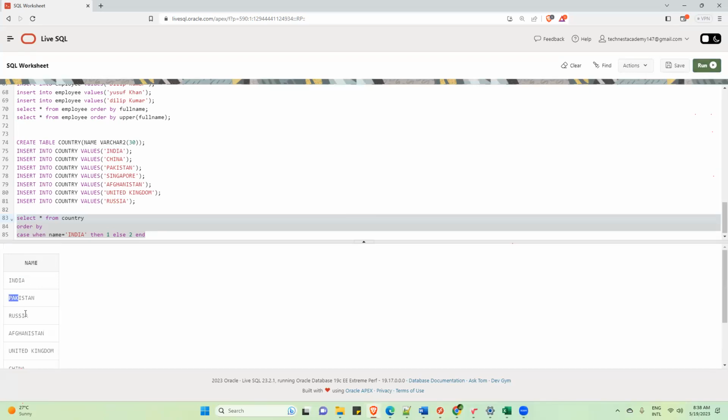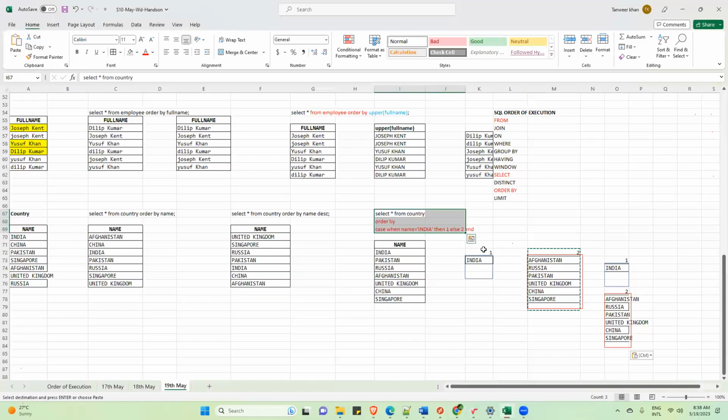But all the other countries can be in any order. We have not decided that. India is on the top because you have placed India in bucket number 1, and bucket number 1 in ascending order will be on the top. Is this clear?